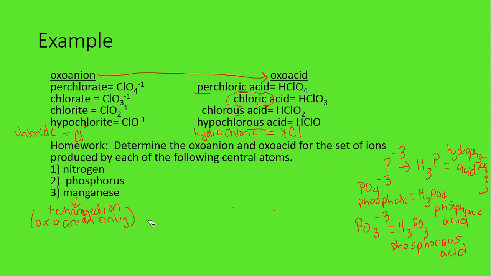Now, manganese is not like chlorine in that it does not have all of the oxoanions, but it does have some. So, for example, we do have permanganate, which is MnO4 negative. So that's permanganate.